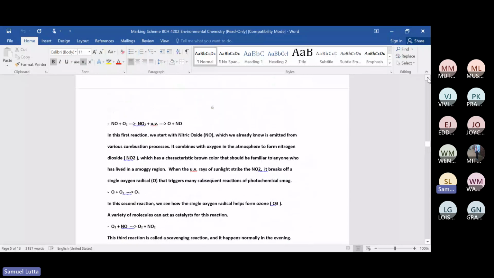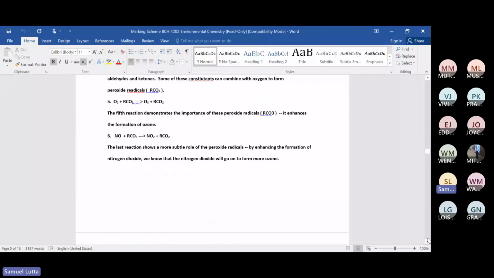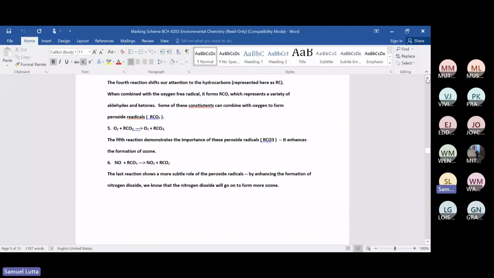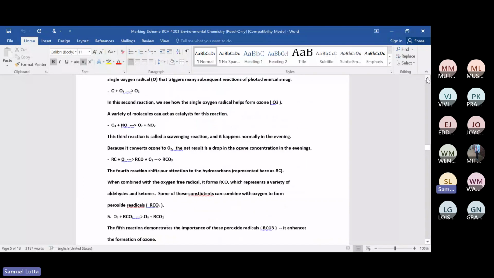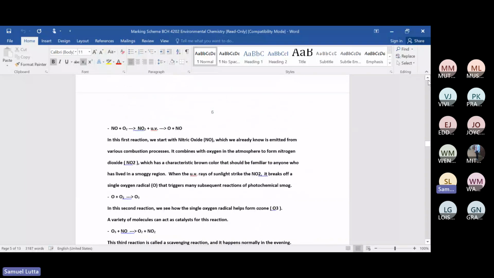It involves the organics, nitrogen oxides, and ozone. So those are the things that play key role in the formation of photochemical smog. So there are about 6 equations that we need to know. So in the formation of this smog, we say nitrogen oxide plays a very important role.